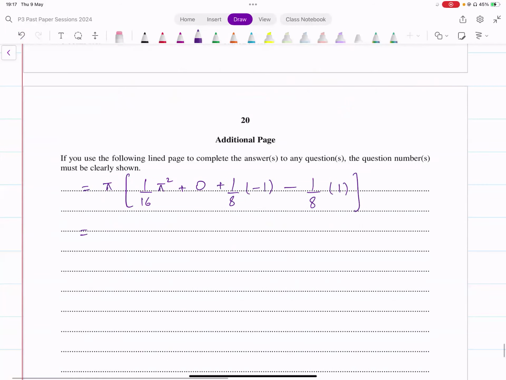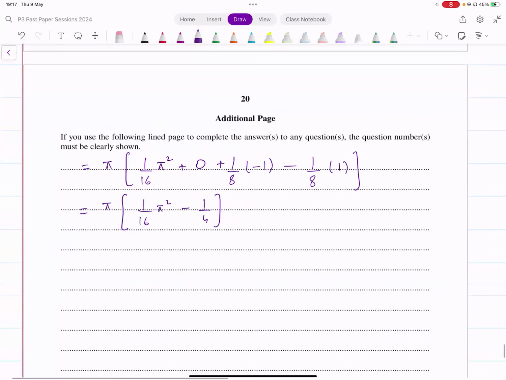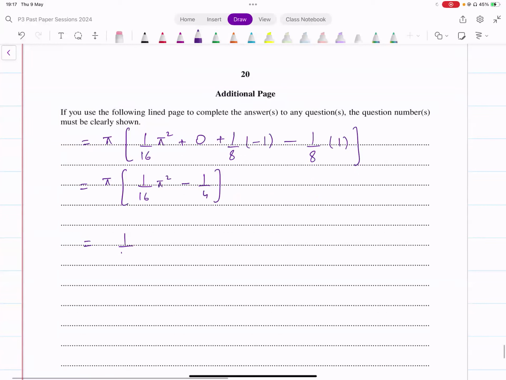And that gives us pi into 1 over 16 pi squared minus 1 over 8, that will be minus 1 over 4. And this ends up being 1 over 16 into pi cube minus 1 over 4 times pi. That is the result that we get from this.